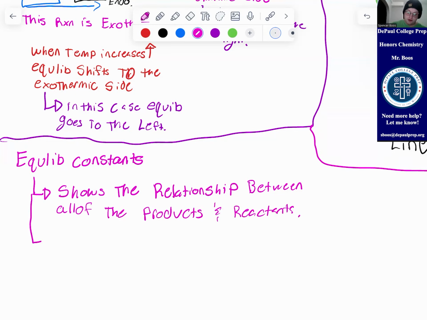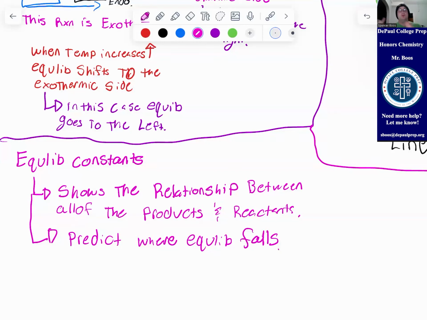This can also be used to predict where equilibrium falls, like if it falls more to the right of the equation or more to the left of the equation.